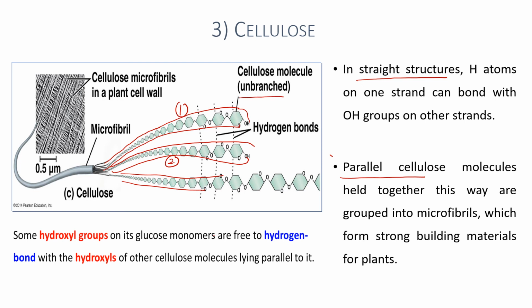They are held together by hydrogen bonds between a hydroxyl group of one glucose molecule and a hydroxyl group of the cellulose molecule adjacent to it, parallel to it. So this parallel arrangement of cellulose molecules is held together by many hydrogen bonds between hydroxyl groups of glucose molecules.